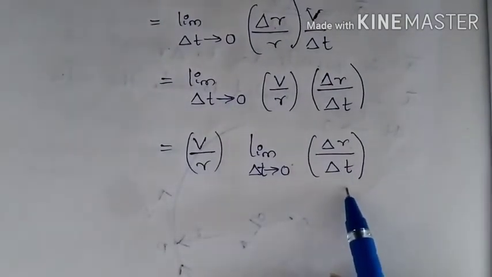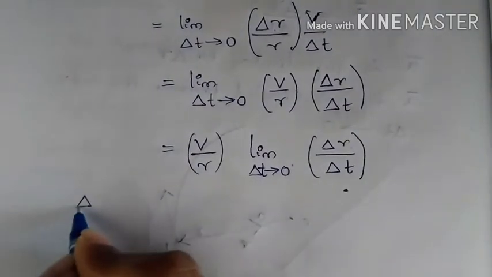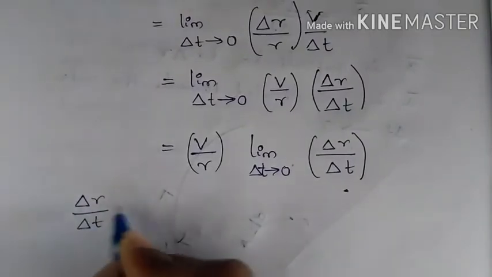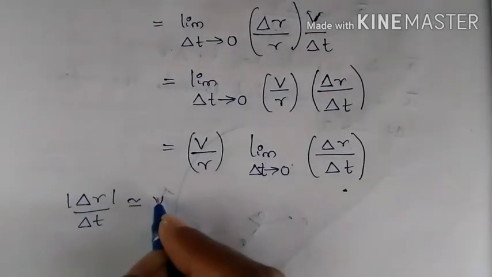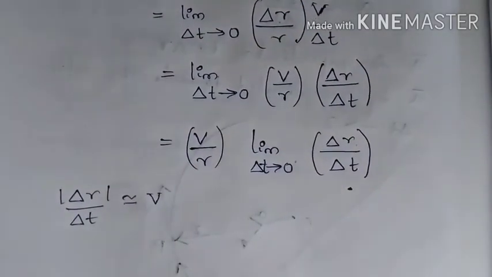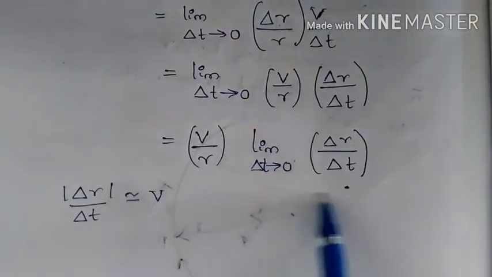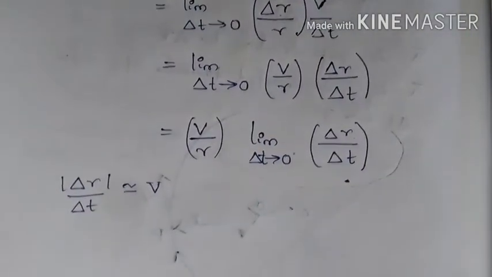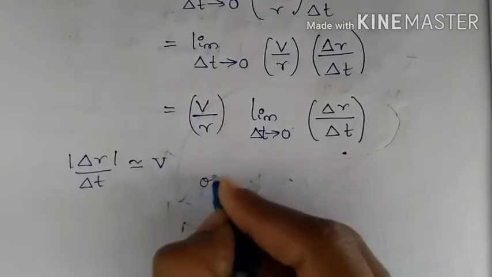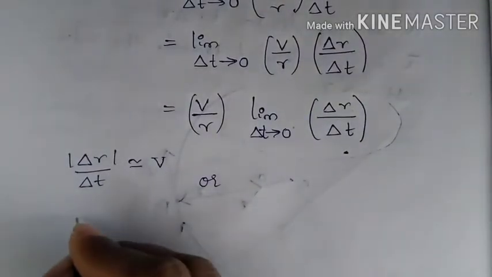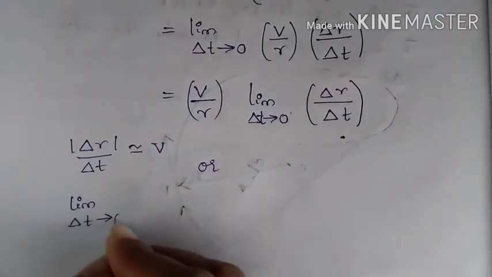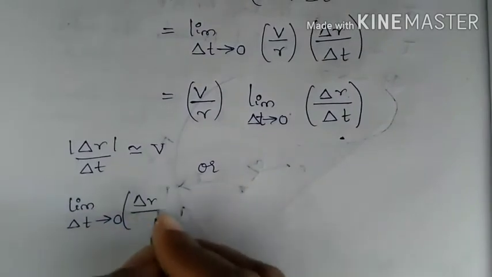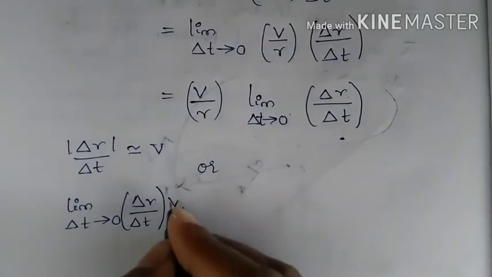So rate of change of displacement will give velocity. So that is delta R divided by delta t is approximately equal to V. So now you can substitute this whole term as V. So limit delta t tends to 0 del R by del t can be written as V.